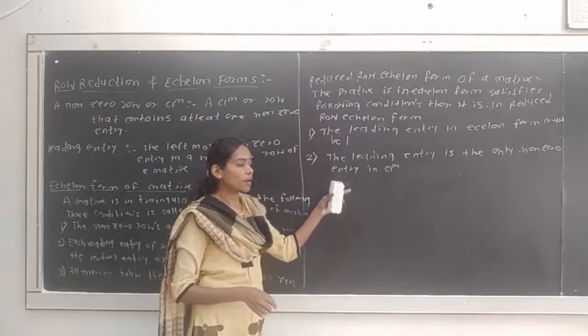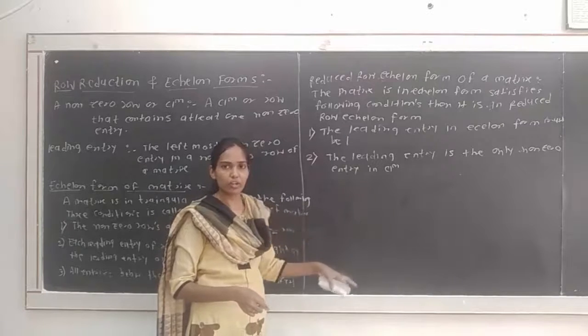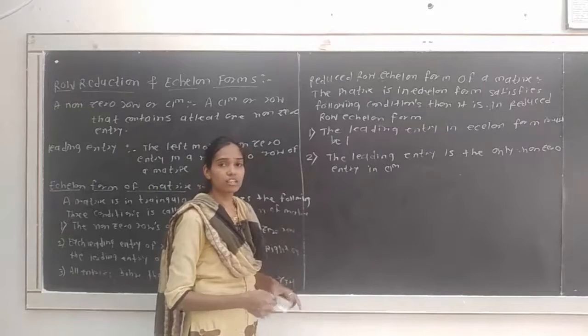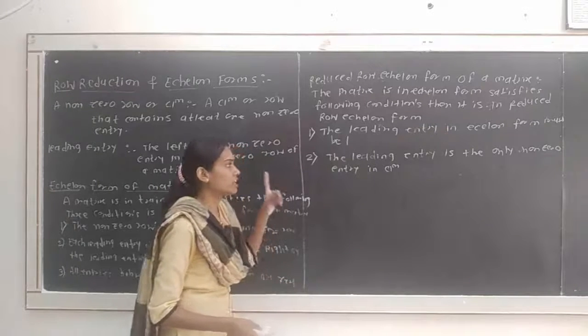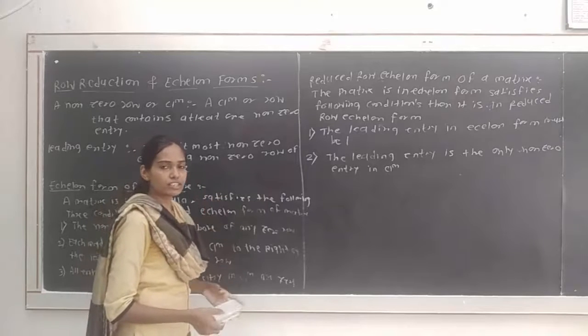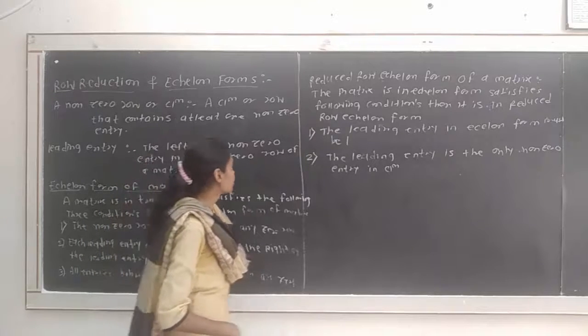That means the entries above the leading entry and the entries below the leading entry we must make 0. The leading entry is the only non-zero entry in a column. All other entries are 0. So in this way.